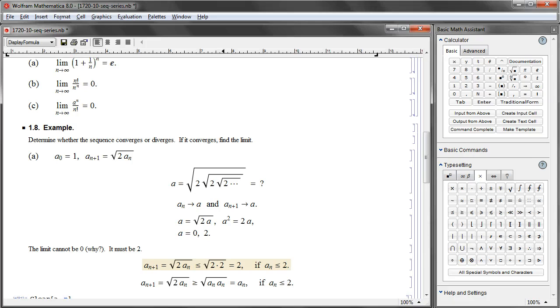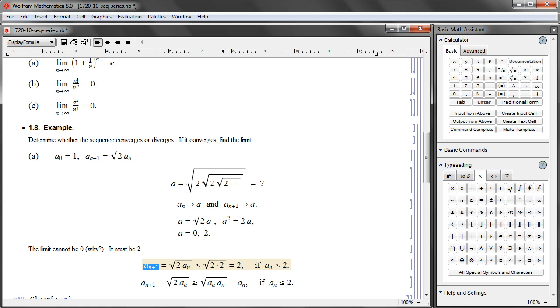Starting from a0, which is 1, and that's less than 2. So a1, by this argument, is less than 2 because a0 is less than 2, so replace a0 by 2, then a1 is going to be less than 2. Because a1 is less than 2, plug it in again, then you're going to get a2 is less than 2. a2 will go over here, that's going to be replaced by 2.